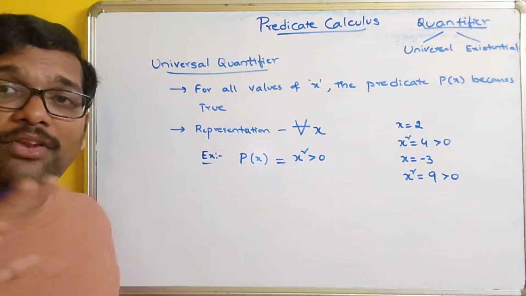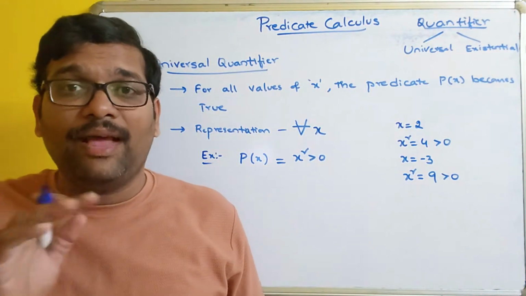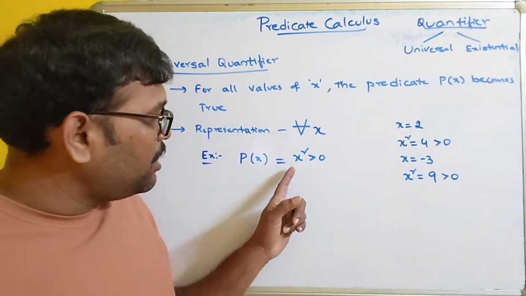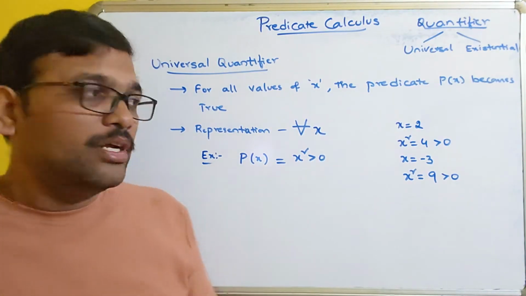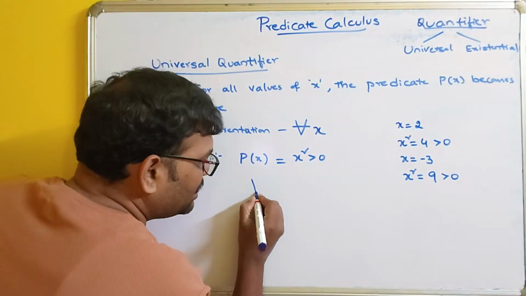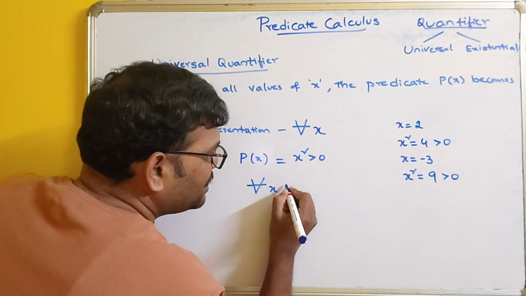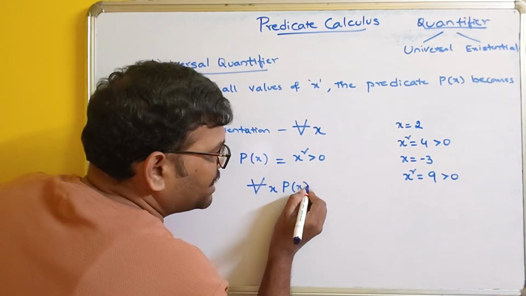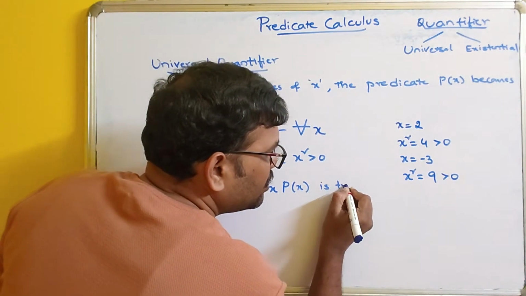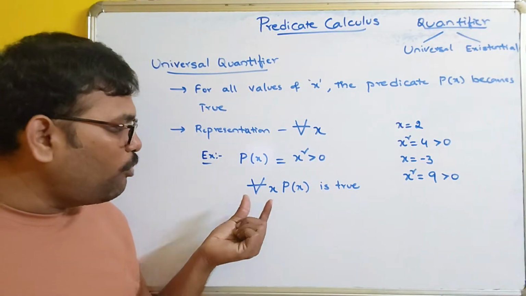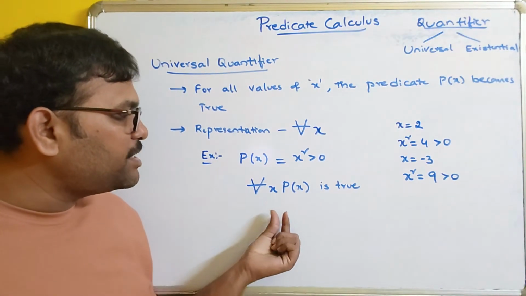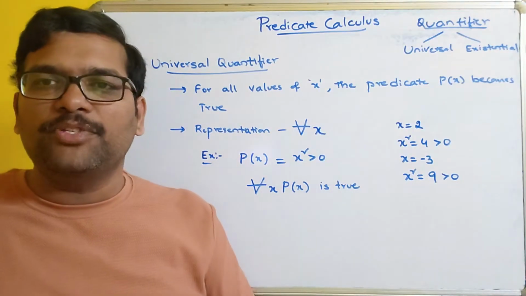So for any value of x, this particular predicate is greater than 0. This can be represented as: for all x, P of x is true. So you are using quantifiers to represent when the predicate becomes true.